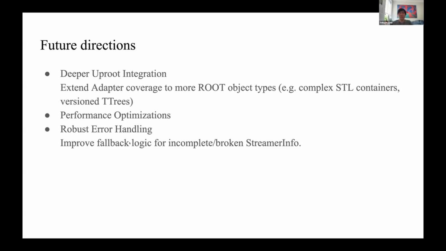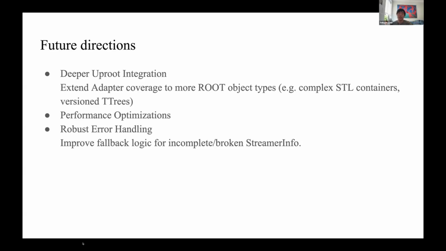There are some performance optimizations to be made, and what my advisor suggested is that we could look into wrapping some parts with Rust so that the performance could be improved.